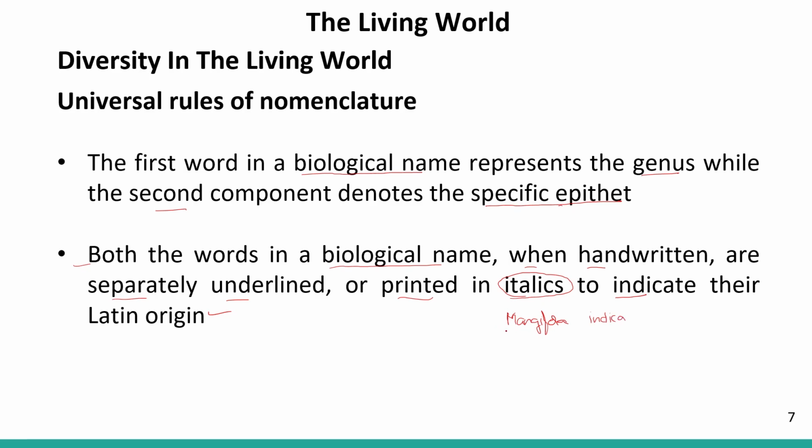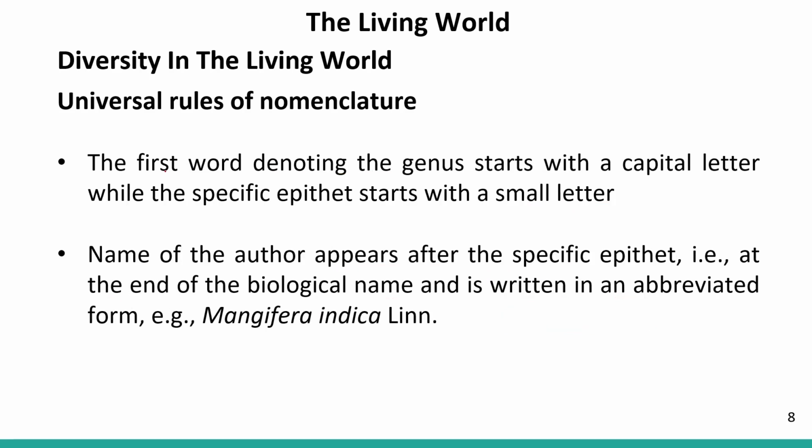If it is handwritten, then it should be underlined separately like this. And if it is printed, it should be italicized. Now, the first word denoting the genus should always start with a capital letter. Again, let's take another example, Homo sapiens.